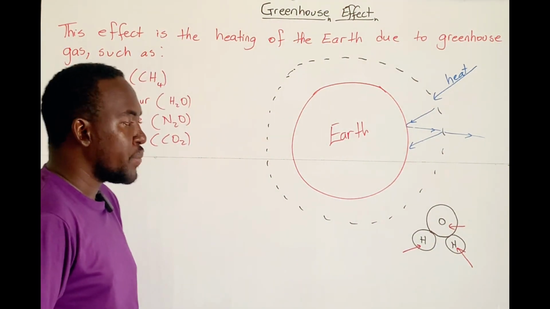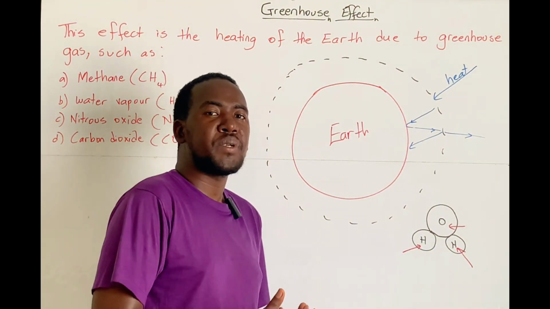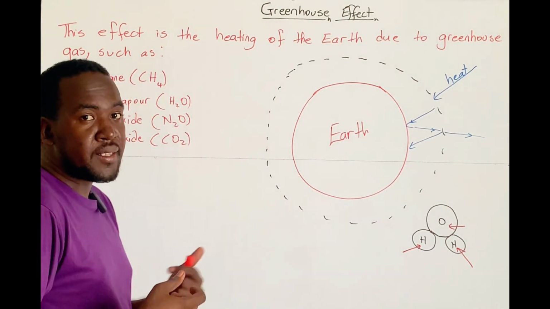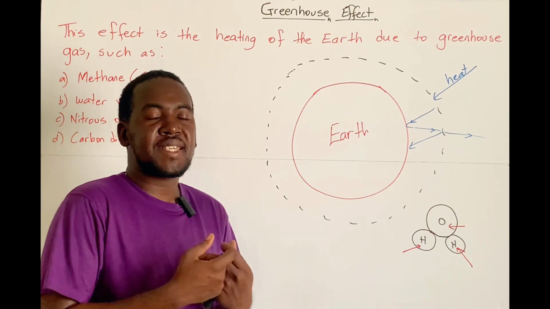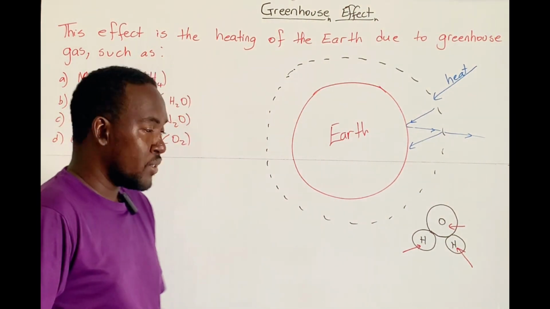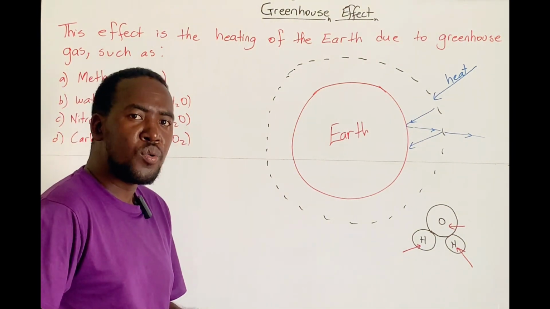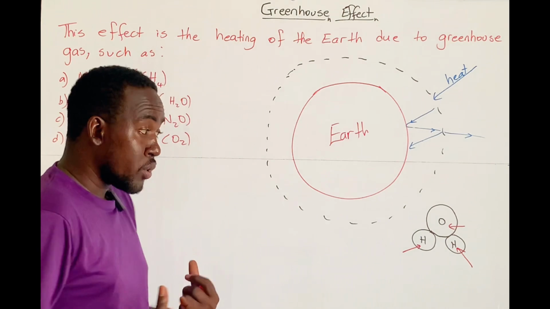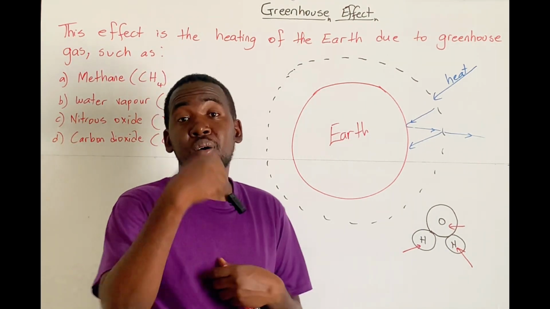So that's one principle. Another principle is that the electrons inside these gases will become excited because they're getting heat, and that excitement will cause them to go up in energy levels. So you absorb heat, you get excited, you go up to higher energy levels.